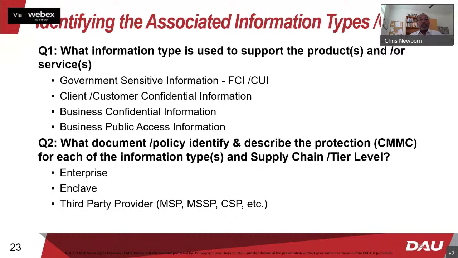And then the last one, you're going to have your business public access information that you're going to use to advertise. So these are the things you have to think about above and beyond what we consider government sensitive information you have to protect. You have to protect your own information.